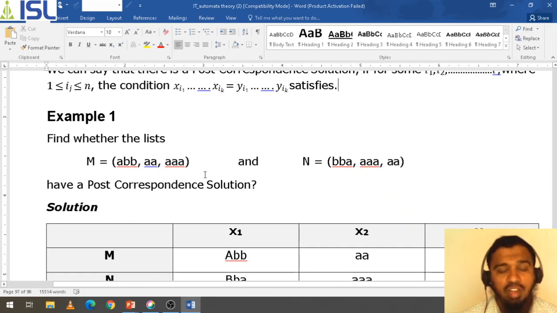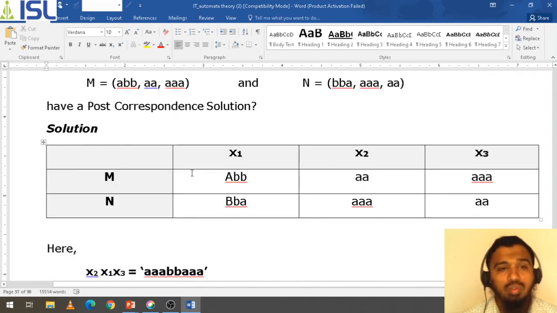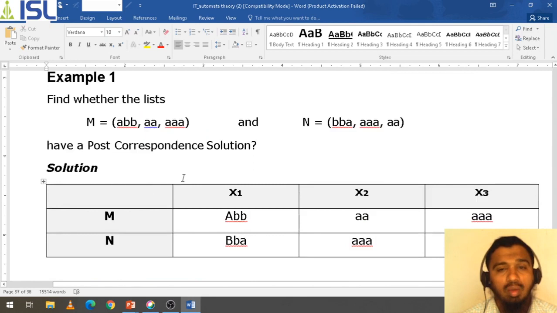These are the strings, and N equal to BBA, AAA, and AA. So this is about the strings we have now. For the solution, we have taken 1 2 3, so this is x1 x2 x3 and y1 y2 y3.